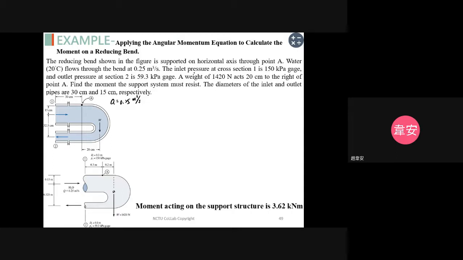The inlet pressure P1 is 150 kPa, and the outlet pressure P2 is 59.3 kPa.